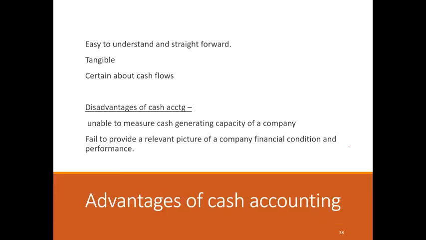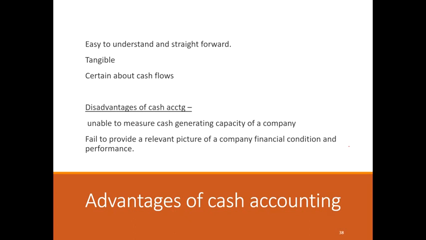Okay, so the advantages of cash accounting: easy to understand and straightforward, is tangible, and then it's certain about cash flow. Sebab memang you guna cash kan, so you memang tahulah. Senang. Okay, tapi disadvantage of cash accounting ni is unable to measure cash generating capacity of a company, and is failed to provide a relevant picture of a company financial condition and performance.